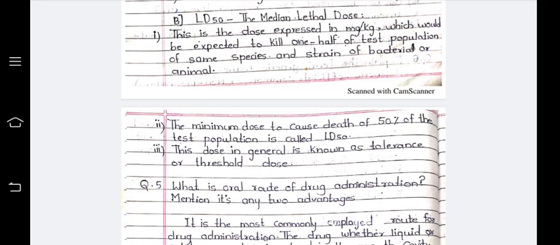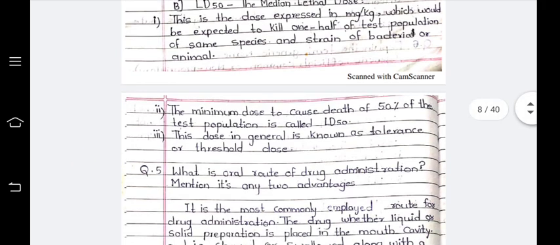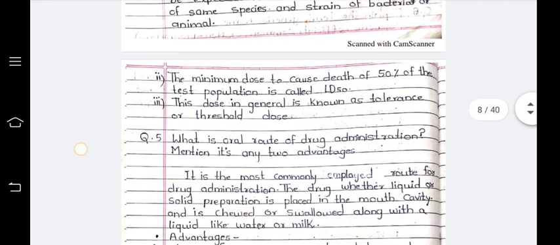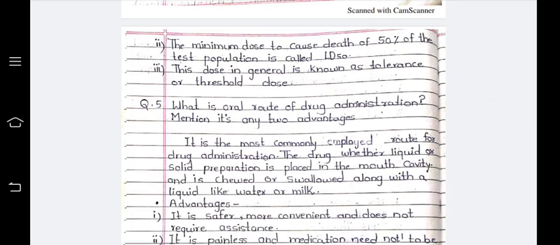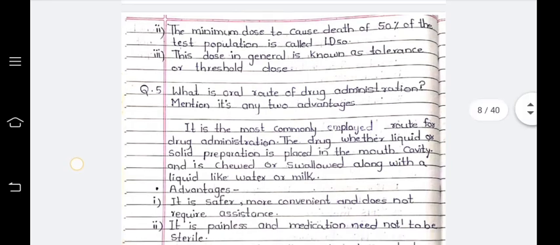This is the dose expressed in milligrams per kilogram which would be expected to kill one half of the test population of the same species and strain of the bacteria or the animals. The minimal dose to cause the death of 50% of the test population is called LD50. This dose in general is known as tolerance or threshold dose.